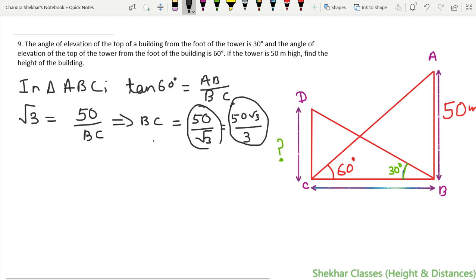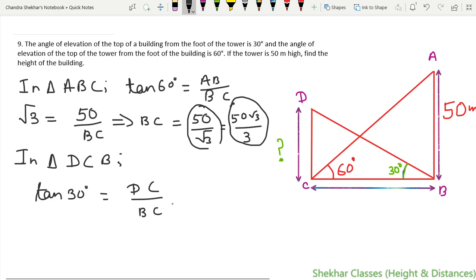Now we'll go to triangle DCB. In triangle DCB, again the angle is 30, so tan 30 degrees is equal to DC upon BC.